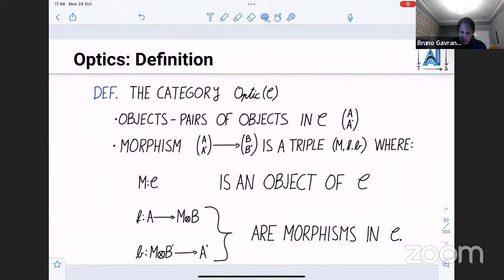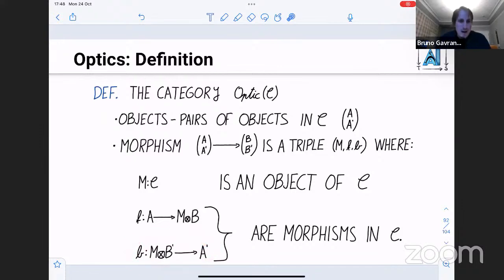So optics are quite similar to lenses. The objects are going to be pairs of objects in C. But a morphism is going to be something slightly different. It's going to be a triple. We're going to choose an object in C, which we think of as the memory, the thing saved in between the forward and the backward pass. So we're going to have our forward pass produce an output that also saves some memory that we're going to consume when we take the backward pass.